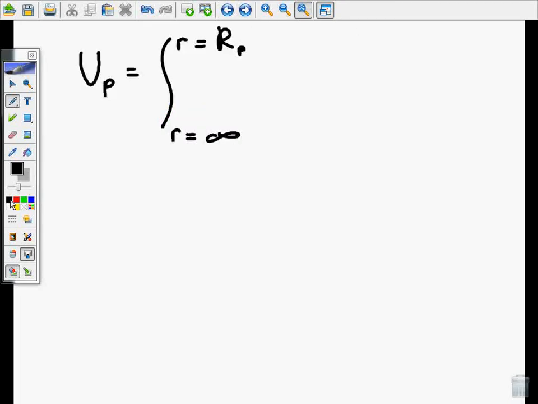So that's going to equal negative k Q1 Q2 over r squared dr.